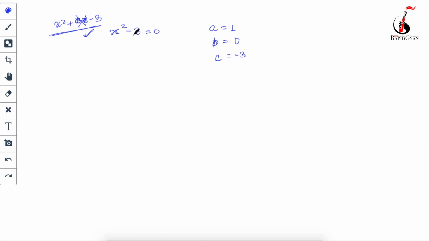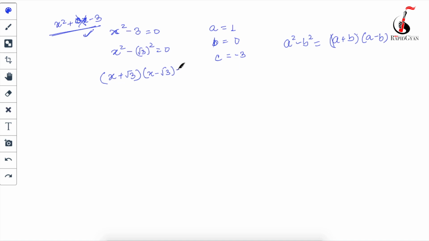This is nothing but in the form of x square minus under root 3 whole square, which is equal to 0, correct? So what's the formula of a square minus b square? The formula of a square minus b square is a plus b multiplied by a minus b, correct? So I can write this as x plus under root 3 multiplied by x minus under root 3.